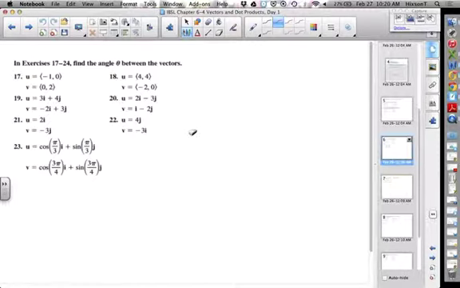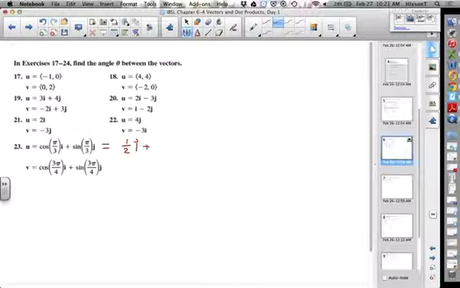Alright, so 23 we'll start with. Really, all you had to do with 23 was translate it into vectors that you're used to seeing, okay? Cosine of pi over 3 is what? 1/2. So it's 1/2 i plus, what's sine of pi over 3?